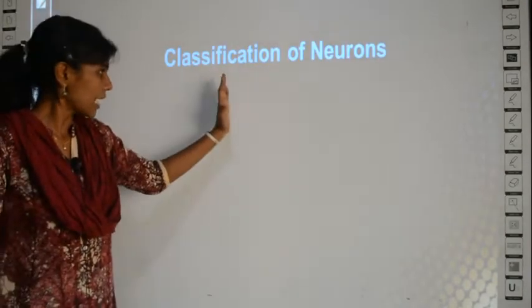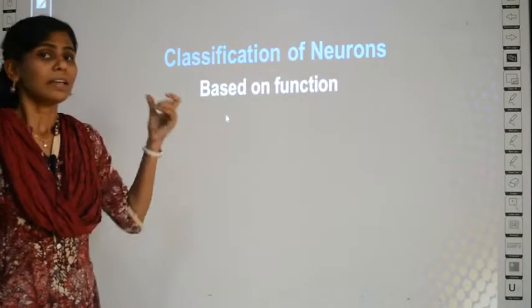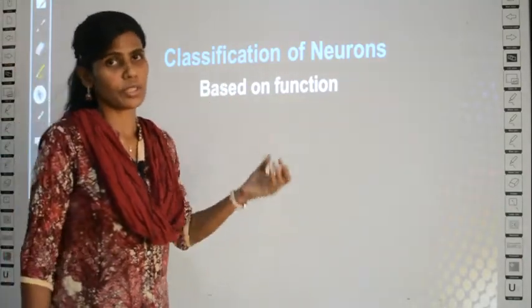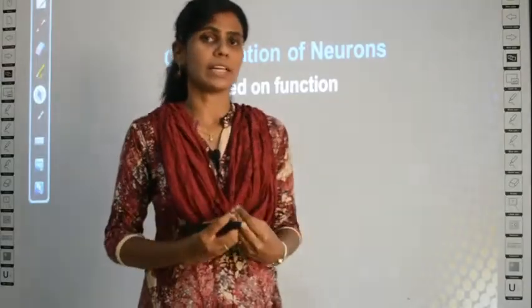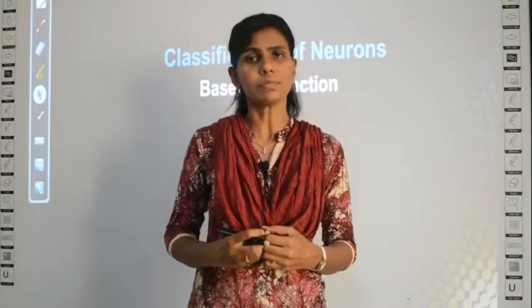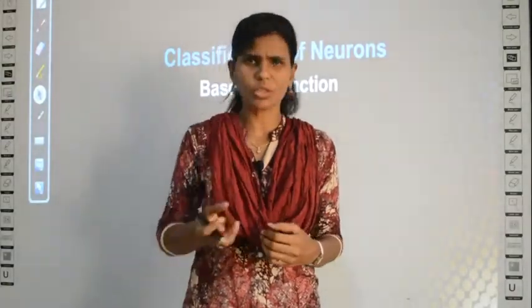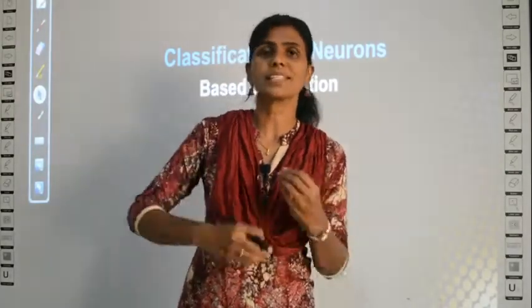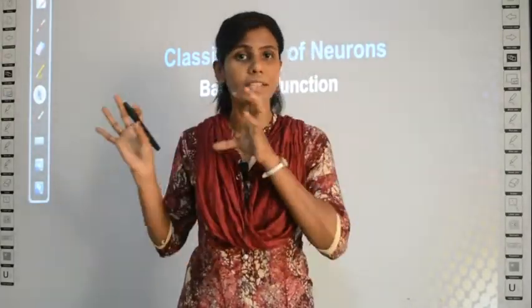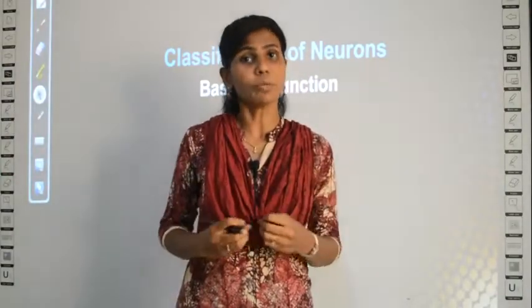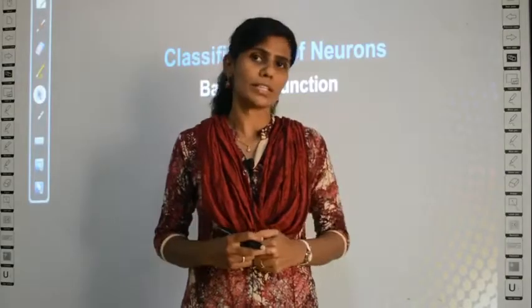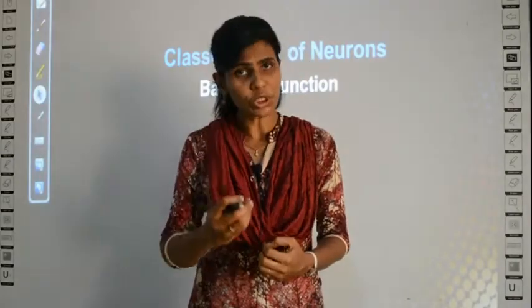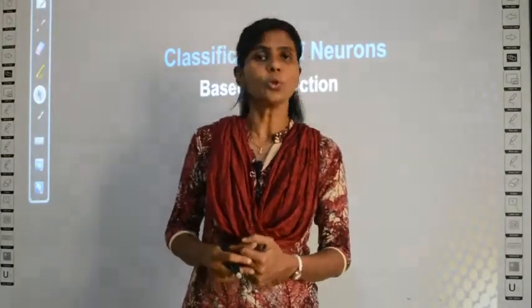In the classification of neurons, it is based on the function. When you classify living organisms, you classify based on their structure. If it has stem, roots and leaves, you put it under the plant kingdom. If it has eyes, nose and everything, you put it under human beings, right? So depending upon the physical structure, we classify things. Similarly, based on functions also in biology, you classify things.